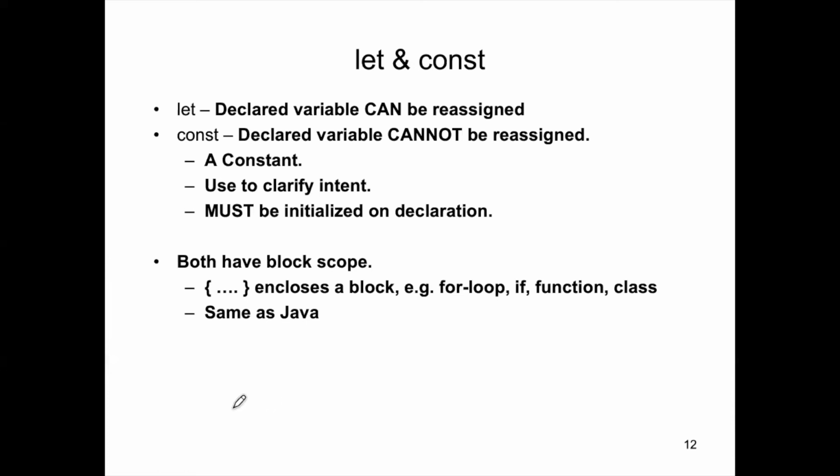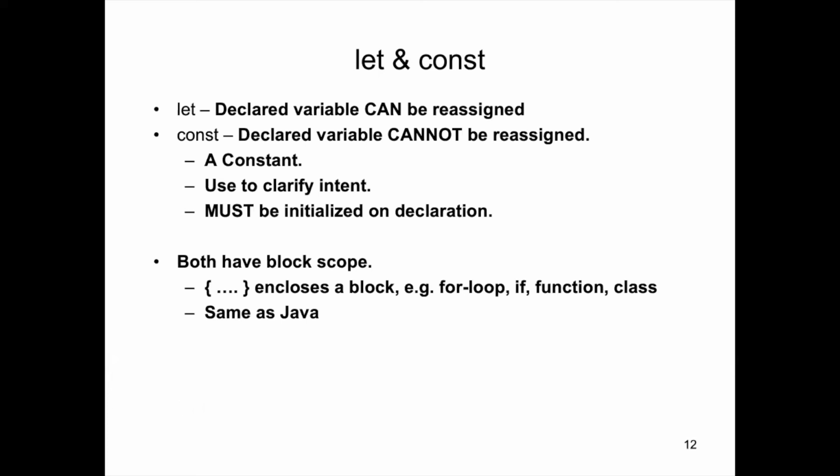The other thing about the difference between let and const is, you saw in the sample code that I looked at, I declared the variable foo5 and I did not initialize it. That's fine. You cannot declare a const without initializing it on the same line. Put another way, you have to initialize a const when you declare it.